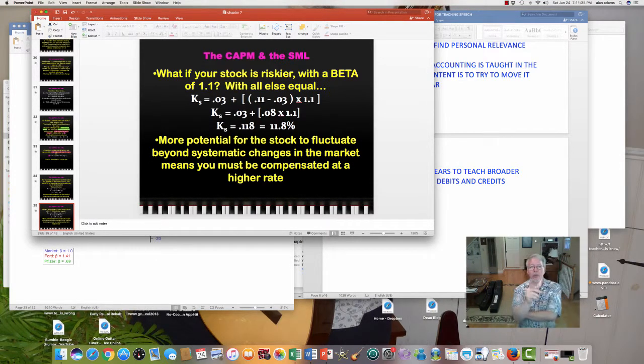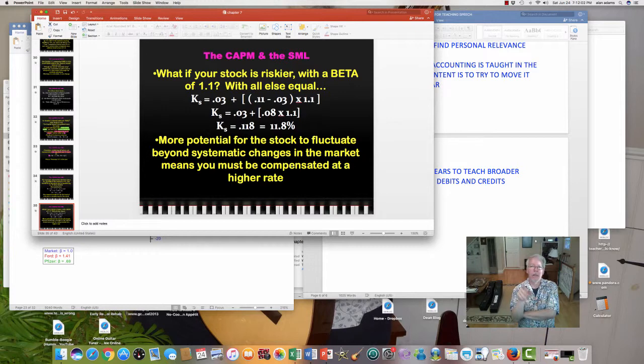By substitution, K sub S will be equal to 0.03, the T-bill rate, plus the excess of the market return over the T-bill return, 11% minus 3%, times your stock's beta, that's 1.1. Math it all out, and your K sub S to induce you to invest in this stock and its attendant risk is 11.8%. Sure enough, it's greater than 11% as we expected.